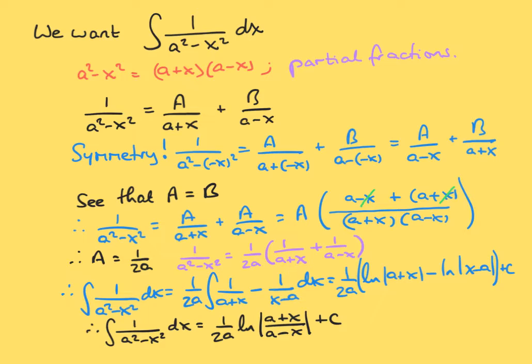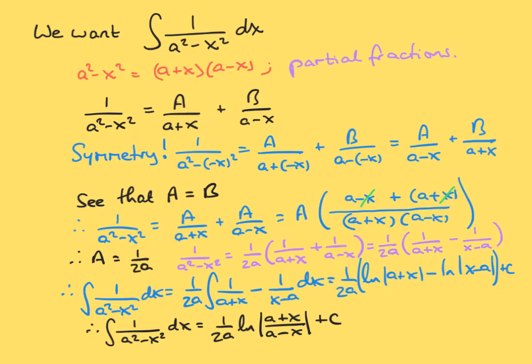This term's fine. This term worries me a little bit because of the minus sign here. So what I'm going to do is just rewrite this in a very simple way. I'm going to say it's 1 over 2a, open brackets, 1 over a plus x, and then I'm going to say this is minus 1 over x minus a.